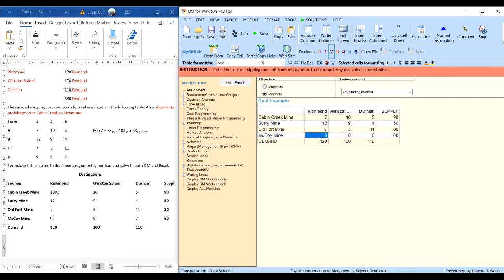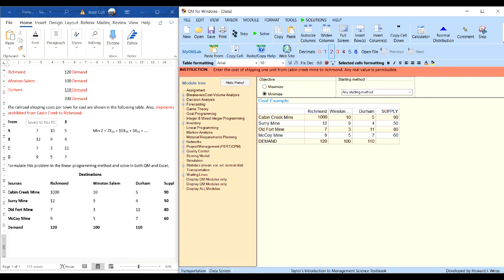McCoy Mine, $9 per ton, $5 per ton, $7 per ton. Now we saw in our initial situation, shipments are prohibited from Cabin Creek to Richmond. That is why down here, we changed it to 1,000. That is why up here, we're also going to change it to 1,000.